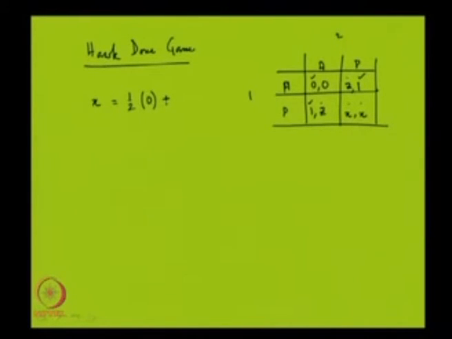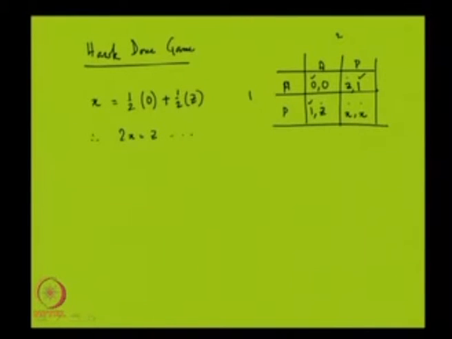And with probability half to the outcome in which she is aggressive and the other player is passive, one gets Z. So I am taking the expected value. We get 2X is equal to Z.